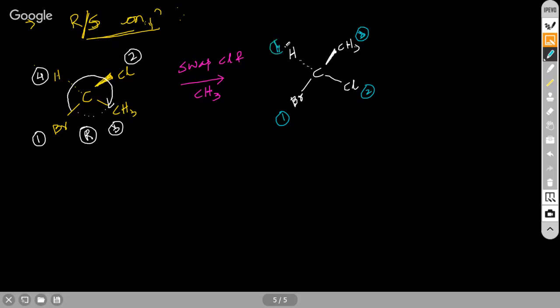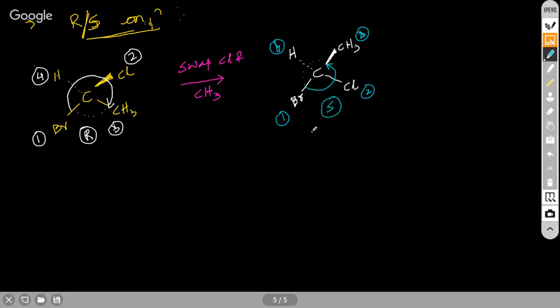Since the least priority is into the plane, that's the condition we have to follow. So we have to go from 1 to 3 via 2. This rotation is anti-clockwise, and anti-clockwise is S configuration.